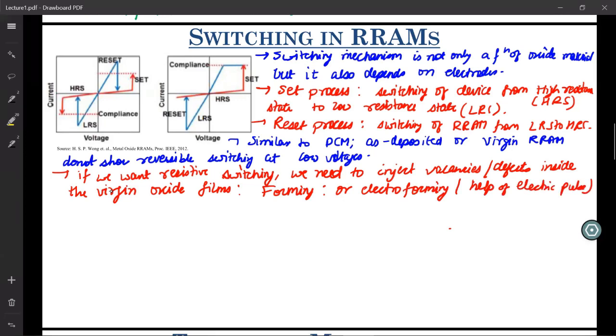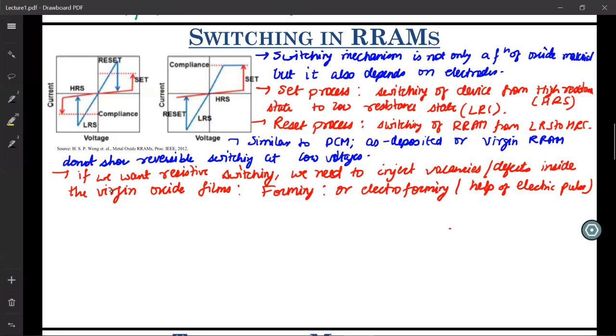So what happens here is, we try to stress the device, applying a high voltage or trying to inject a high current through it, so that we achieve a soft breakdown. And that is the most widely accepted theory behind forming or electroforming. Once those defects are injected inside your RRAMs, they form a conductive filament between your two electrodes. Because there's a filament connecting the two electrodes, the resistance goes down and the device reaches the LRS.